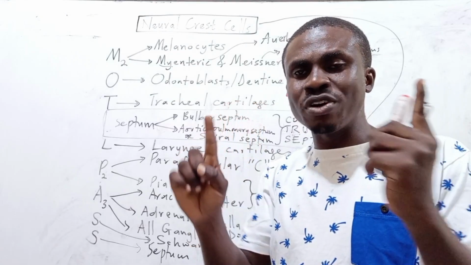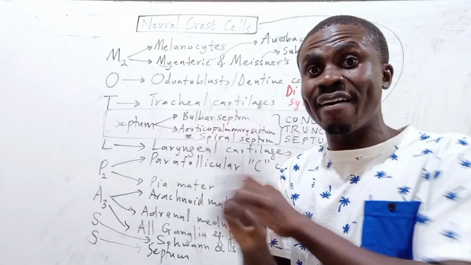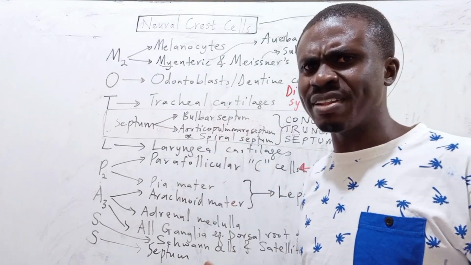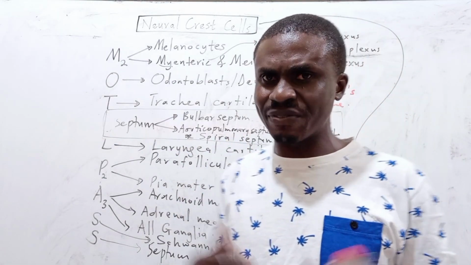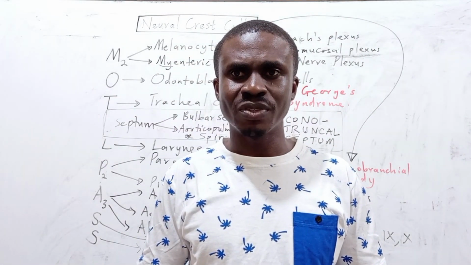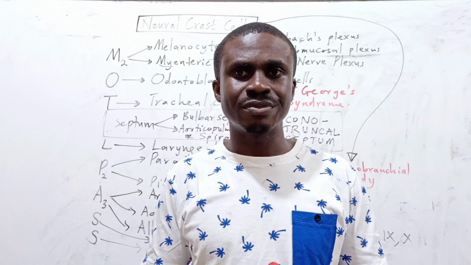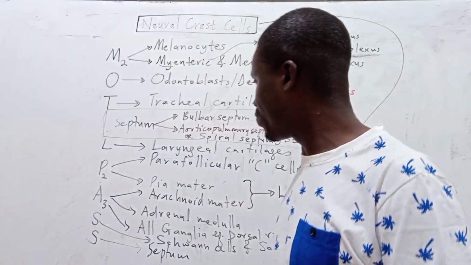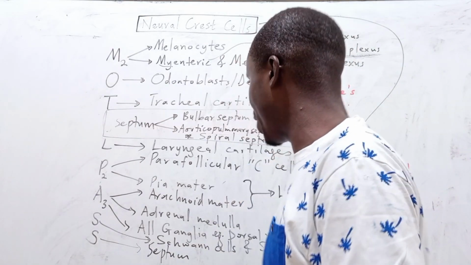Otherwise, there's going to be transposition if no spiraling of the septum takes place. Not only that, even tetralogy of Fallot, which I've done in my video. So kindly get those video links and watch it. Tetralogy of Fallot is also there. So that is one useful thing that I want you to be aware of.